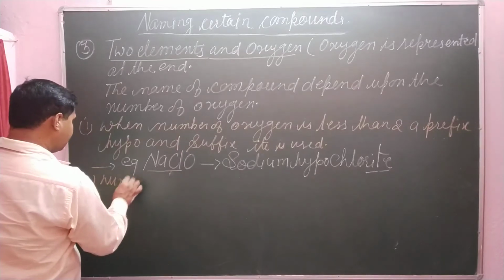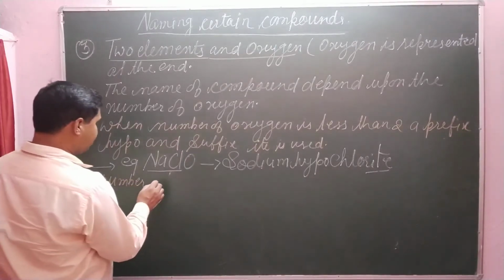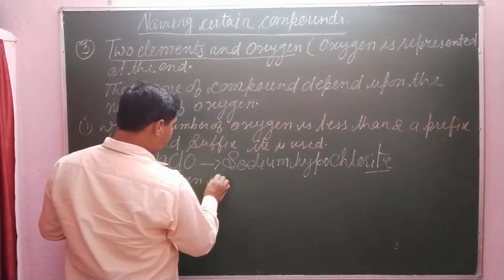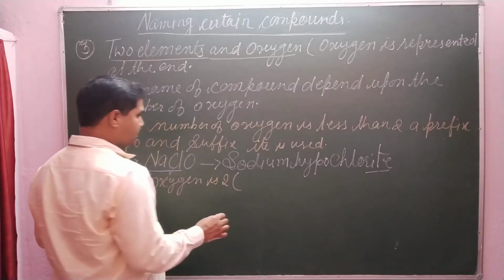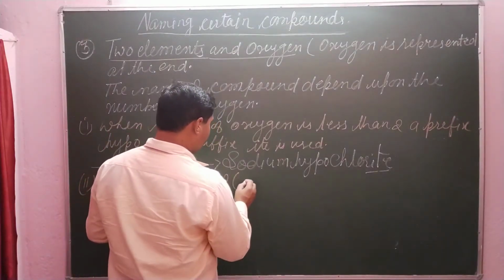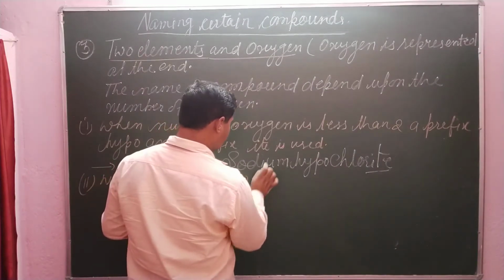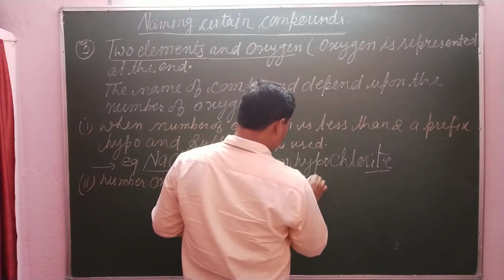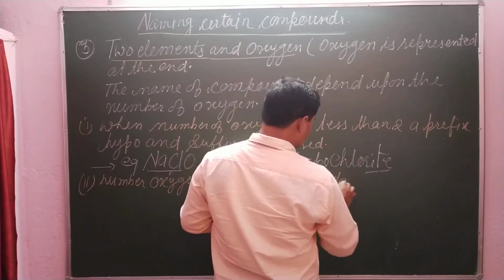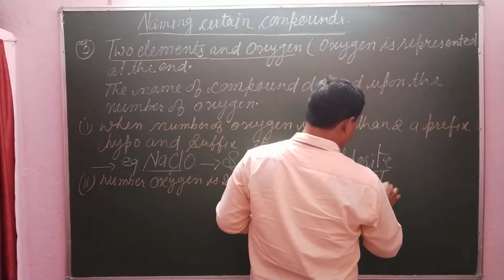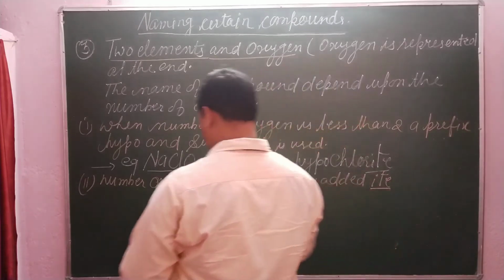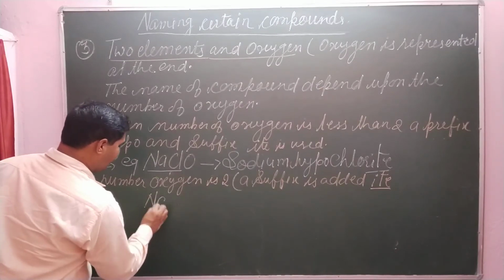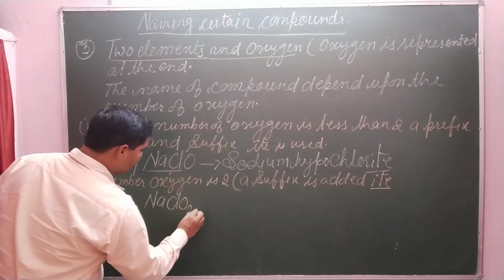Second, the number of oxygen is 2. The suffix ite is added. You see here NaClO2.